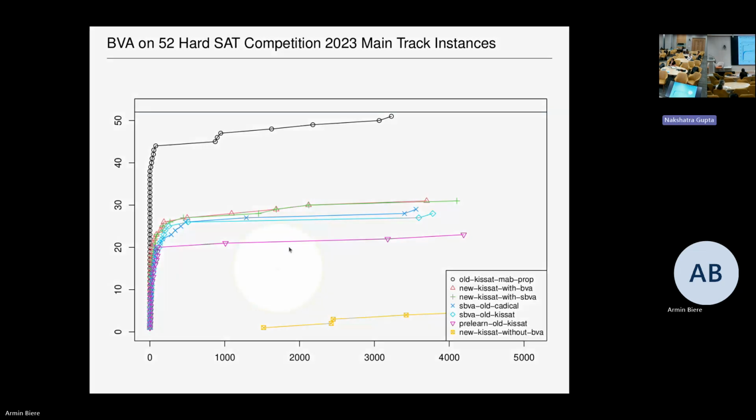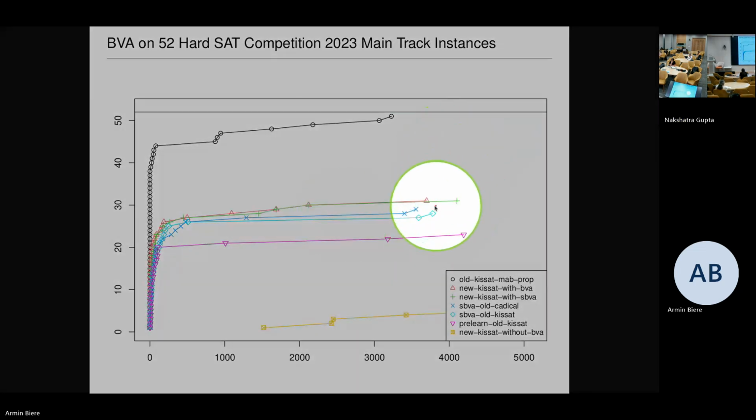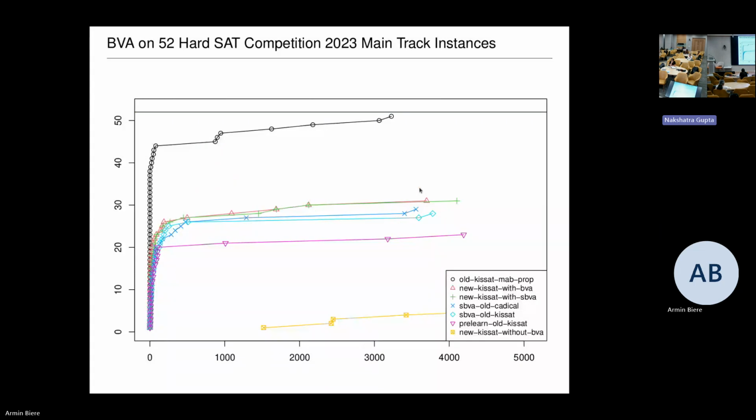This is now what you get by adding BVA to KISSAT, and I'm going to explain this. It's very interesting that we had this idea like 12 years back, and the students revived it. This probably means there are some additional ideas which could work here, and that's why I'm presenting this.